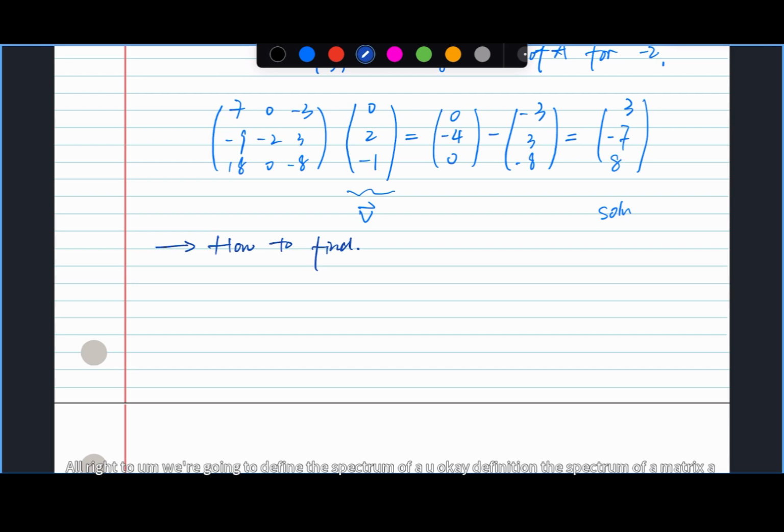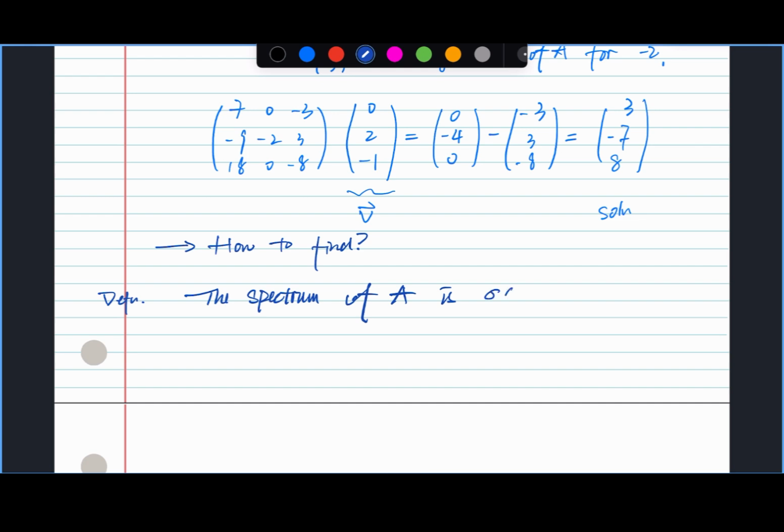All right, we're going to define the spectrum of A. Okay, definition. The spectrum of a matrix A is the set of all eigenvalues.